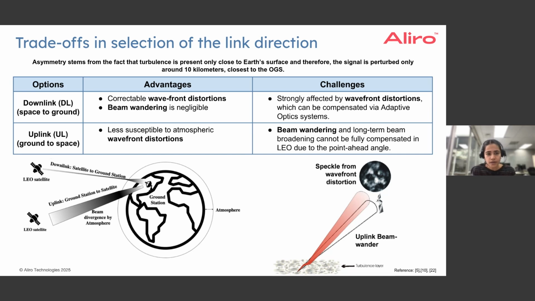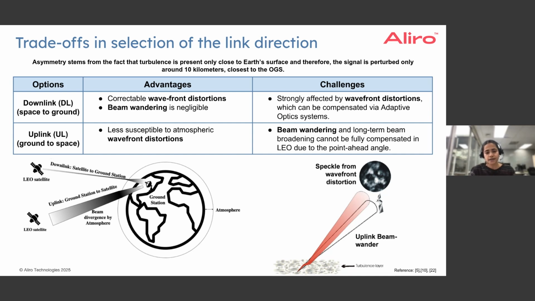In the case of downlink, there is a significant effect of wavefront distortion. And this can be understood again from the fact that it's mainly in the atmospheric 10 kilometer region close to the optical ground station where we would see effects of refractive index fluctuations, etc., changing the beam profile and distorting the wavefront.